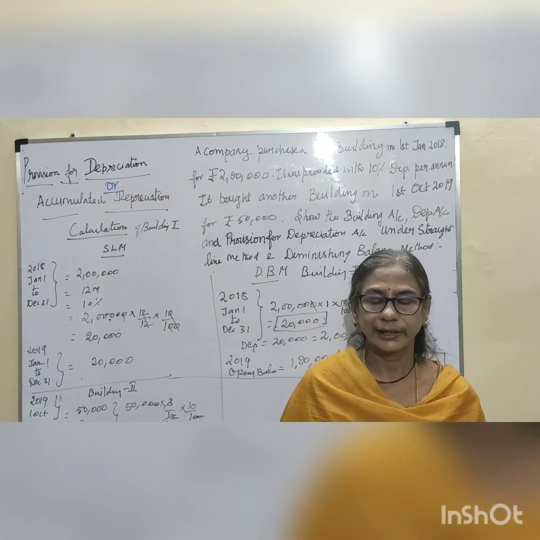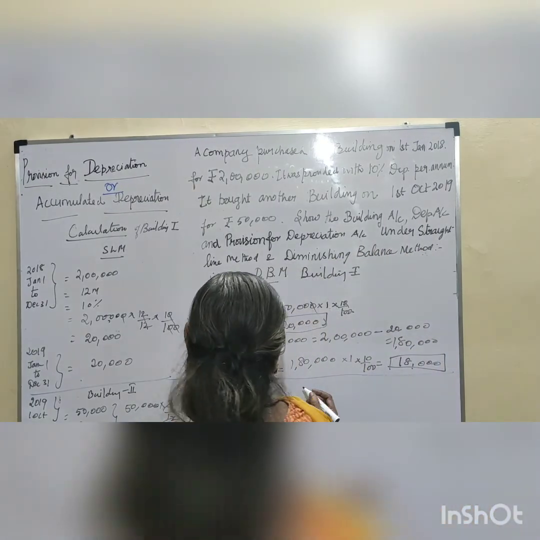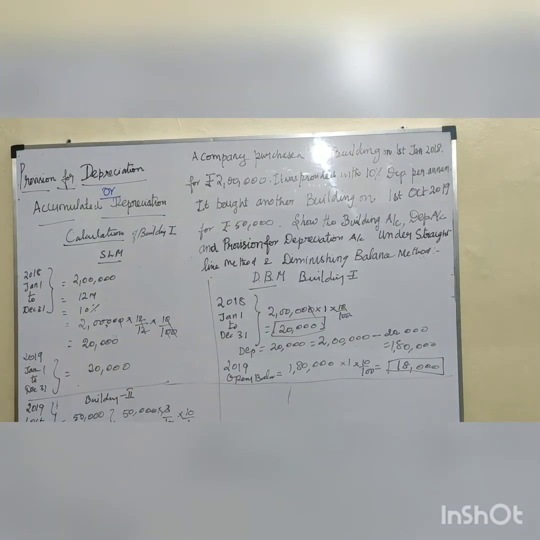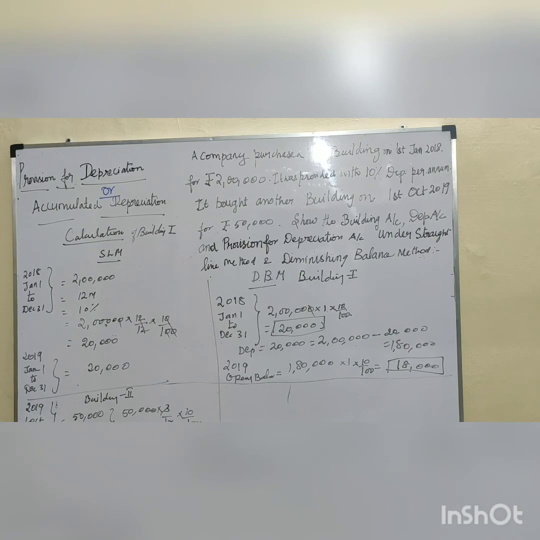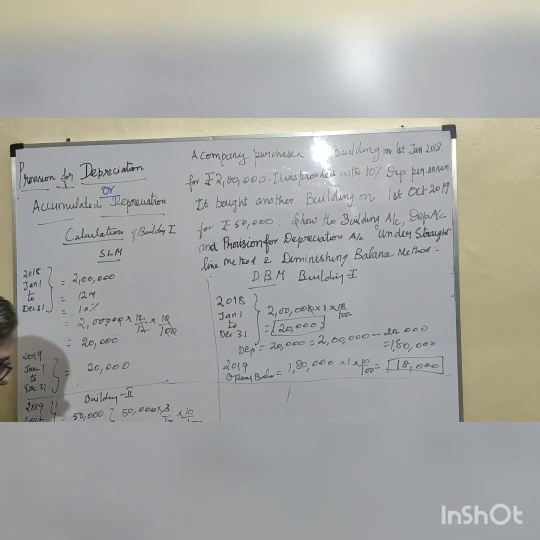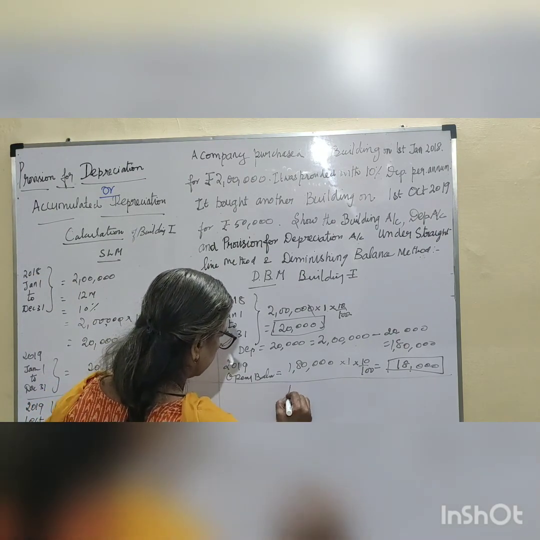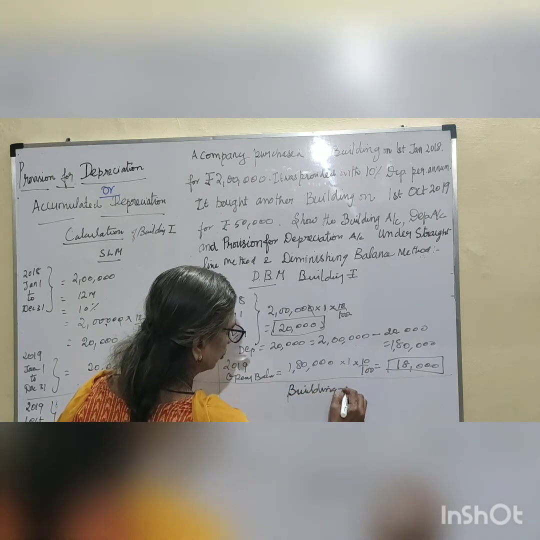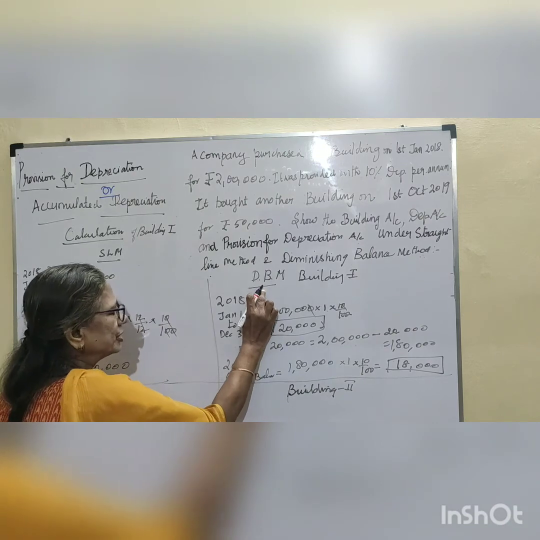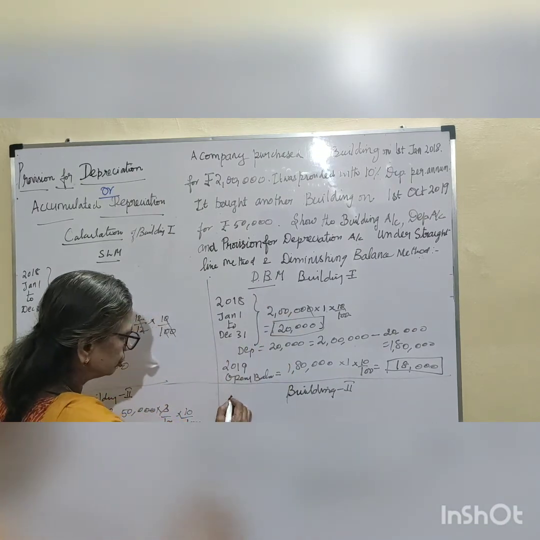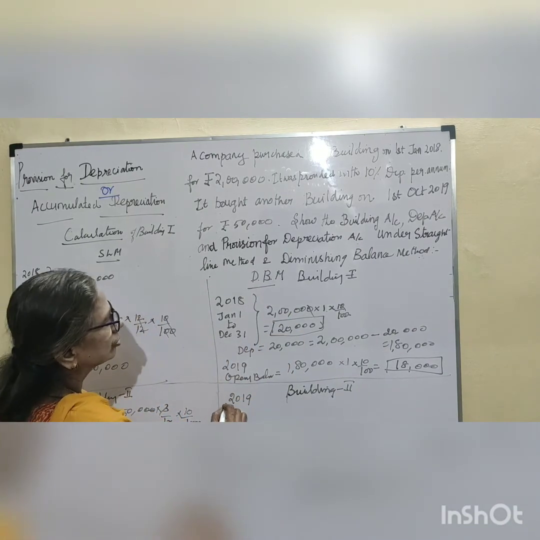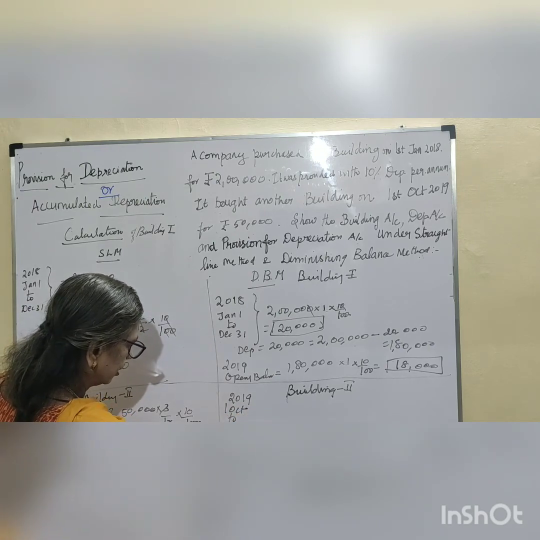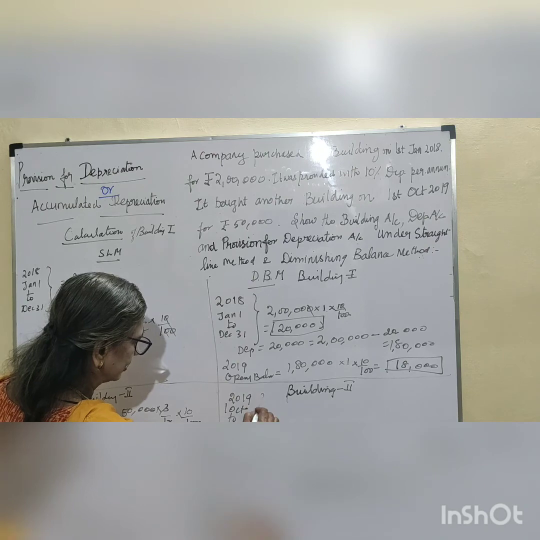Now we are going to calculate for building 2 under the diminishing balance method. 2019 1st October to 31st December, that is 3 months.